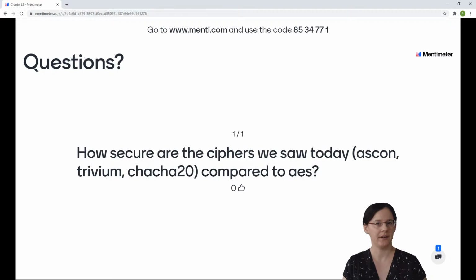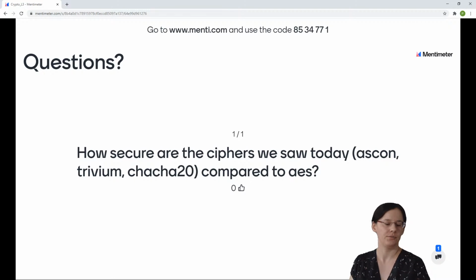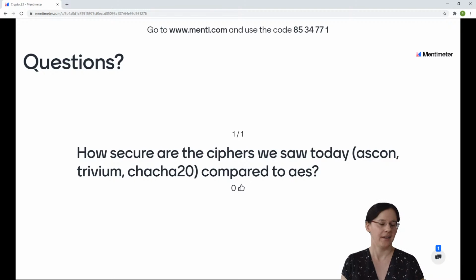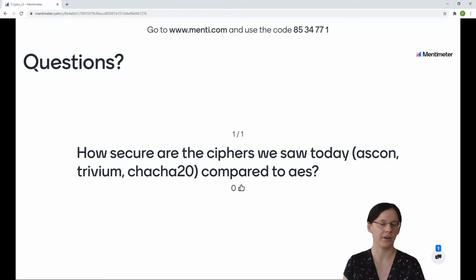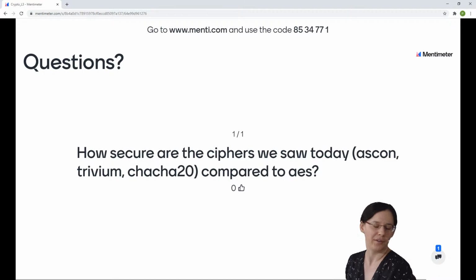Cha-Cha 20 is a relatively new design. It hasn't received that much external cryptanalysis, to be honest. So it might be possible to still find something there, but it's still relatively popular. It's a design by DJB, who is very good at advertising his stuff on Twitter and similar platforms.